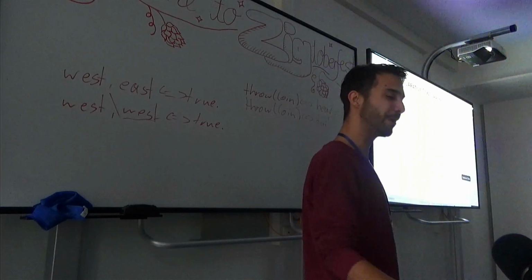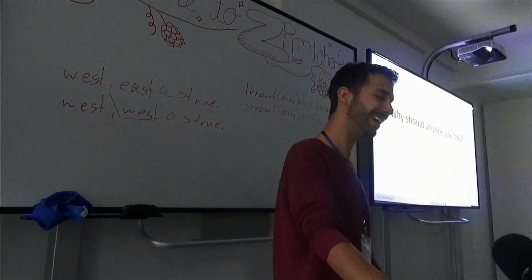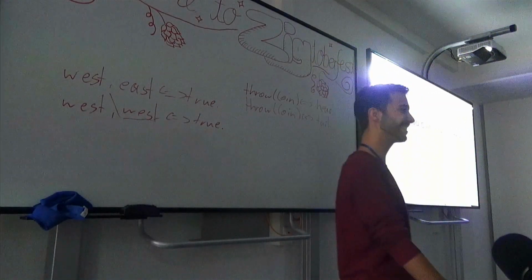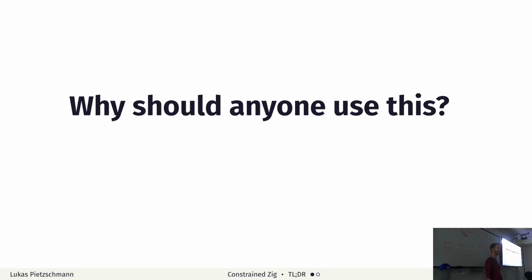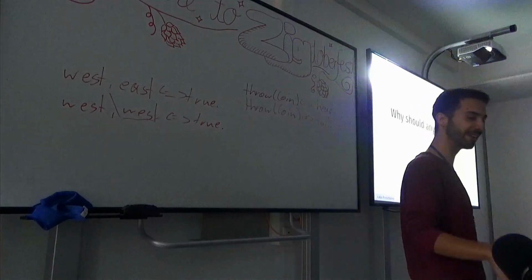Maybe the last question you have is, why should we use this? Obviously, you don't have to. Zig works as it is perfectly fine. But as I said in the beginning, I think it's pretty cool to merge those two really different ideas. So the idea of constraint programming, where we ideally do not have side effects, where we don't have destructive assignment, and on the other hand, Zig, which really tries to produce optimized code with a lot of side effects.